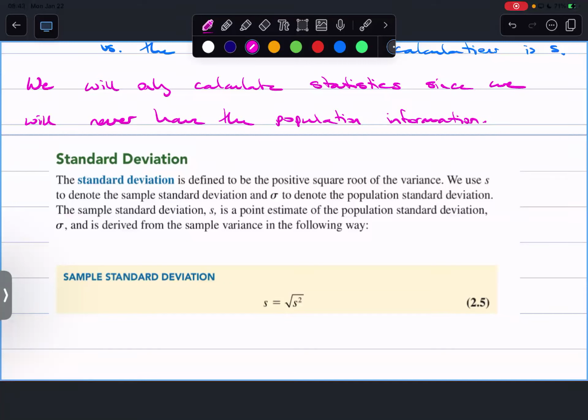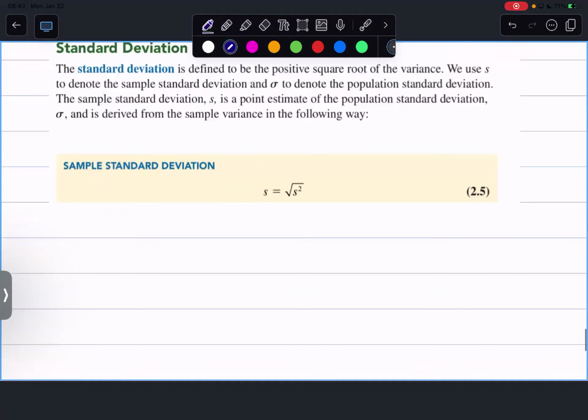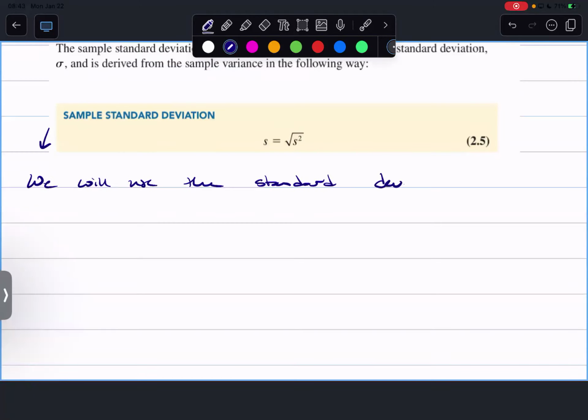The reason we don't use the variance right away is because the units are squared, which makes it harder to wrap our heads around. So we will use the standard deviation rather than the variance.